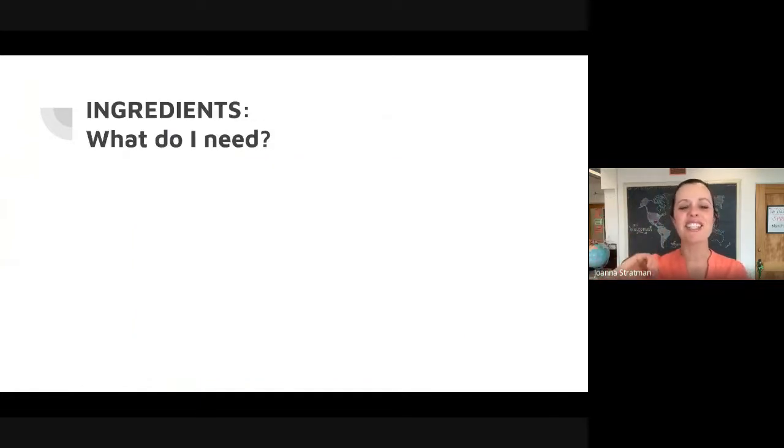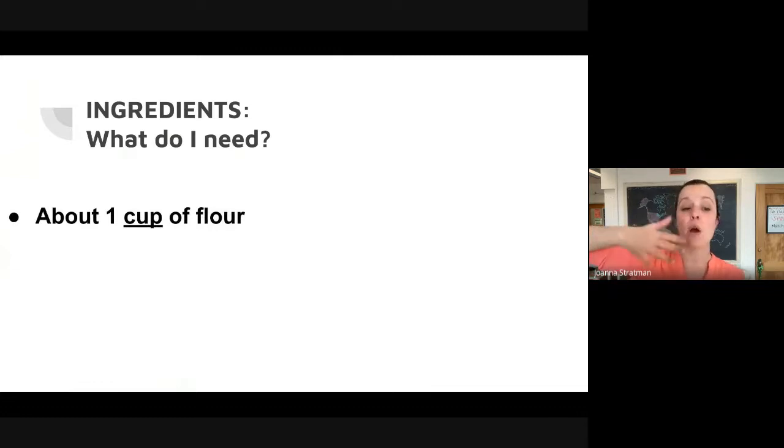First, let's look at the ingredients. What do I need to make pannenkoeken? First, we need about 1 cup of flour. I need 2 eggs.